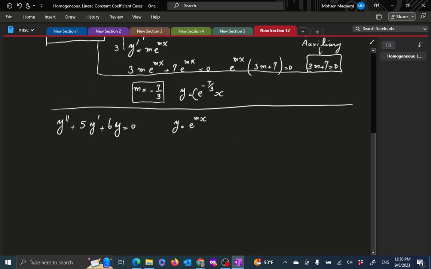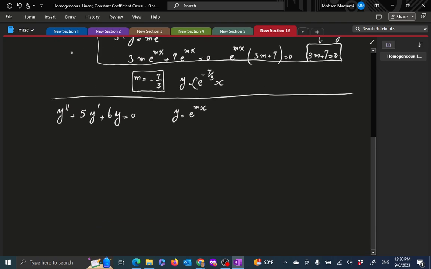Well, to check, I need to differentiate, which gives me a factor of m, and differentiate again by the chain rule. A factor of m comes from the exponent again. If I want to plug this back in this equation, I need 1 of that, 5 of this, and 6 of this to be added up.